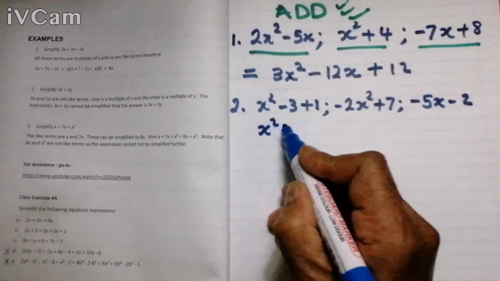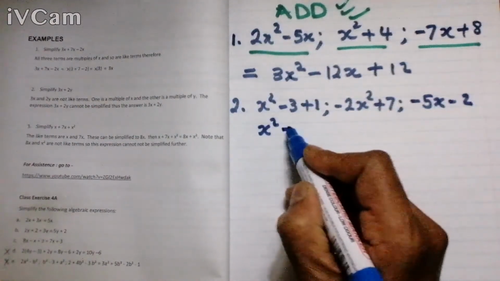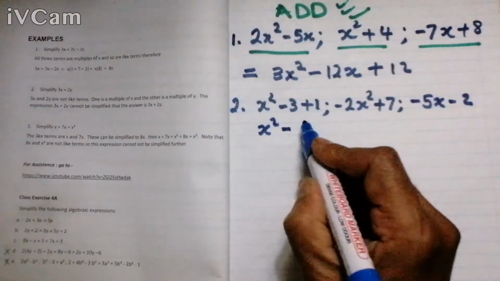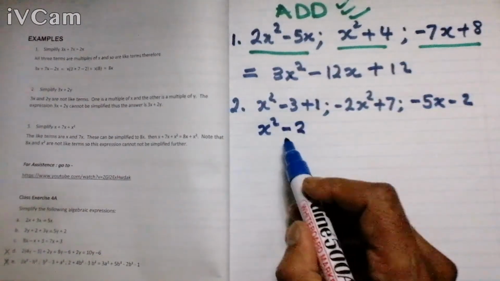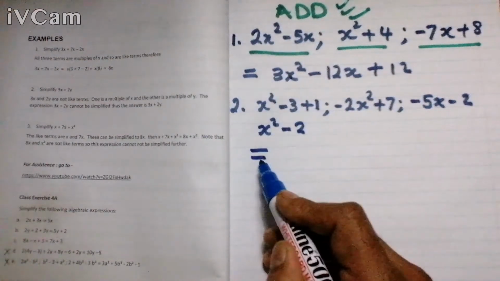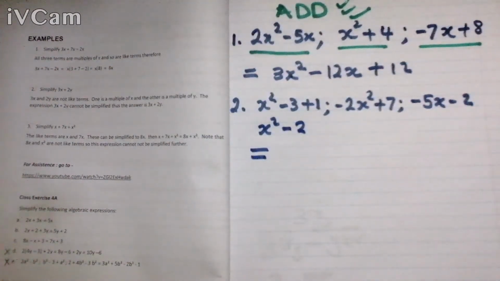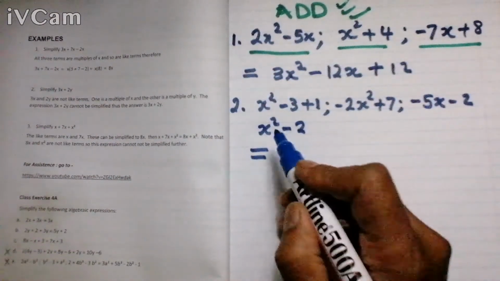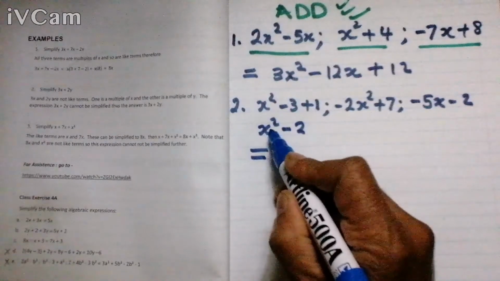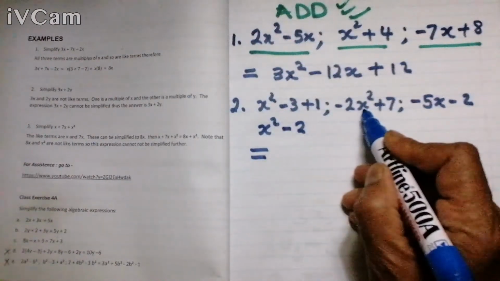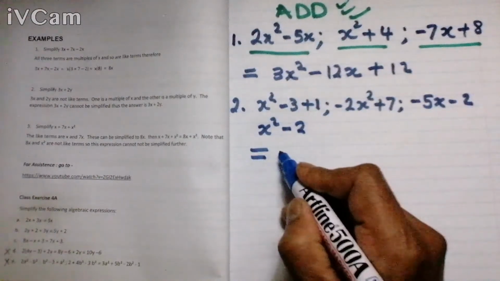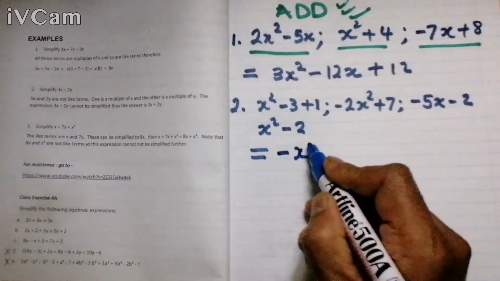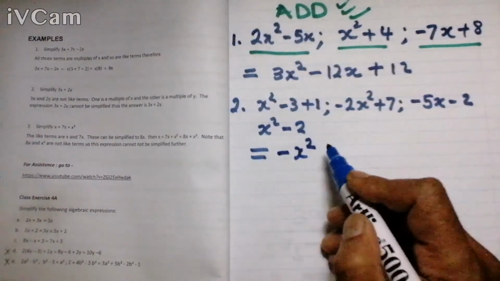So that's x squared, minus 3 plus 1 is minus 2. So that is simplified. Now if we had to add similar terms, there is the x squared minus 2x squared, so it's going to be minus 1x squared. I didn't put the 1 there.